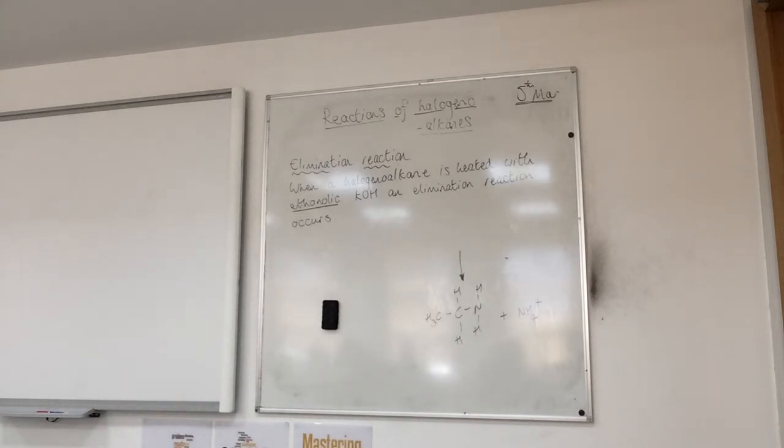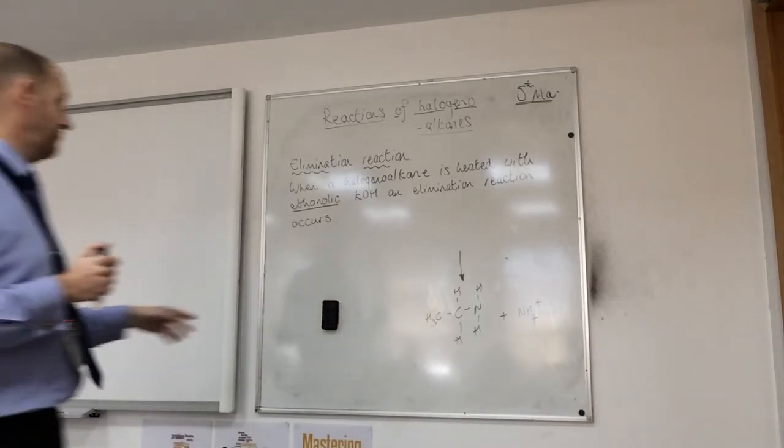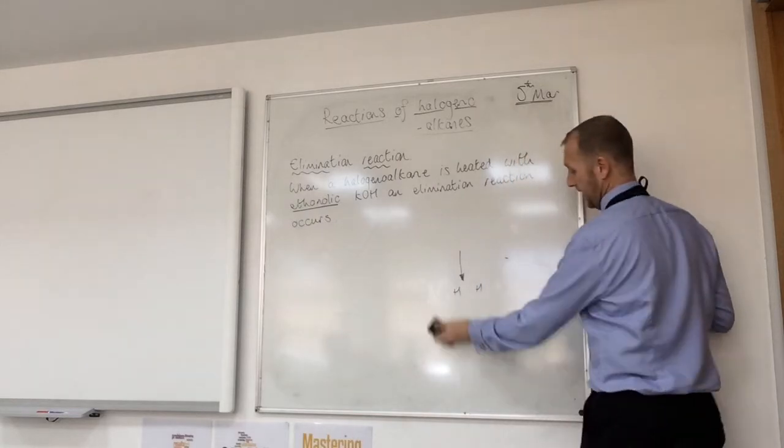I'm not sure we've come across that word before. What does it kind of say to you? When the solution contains ethanol and salt. Okay, very good, Ahmed. So, rather than the potassium hydroxide being dissolved in water, it's dissolved in ethanol. Ethanolic is dissolved in ethanol, rather than aqueous, which would be dissolved in water. So when we heat it with ethanolic KOH, we get an elimination reaction.